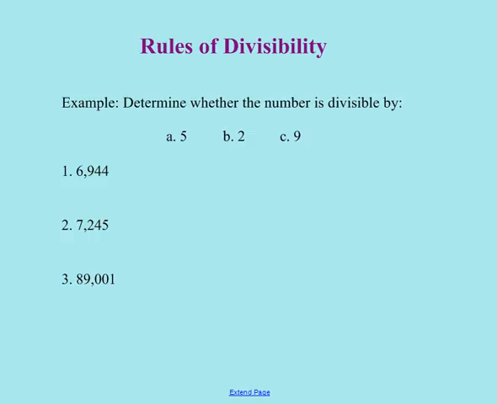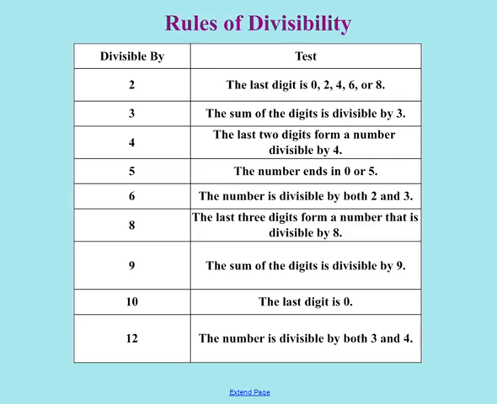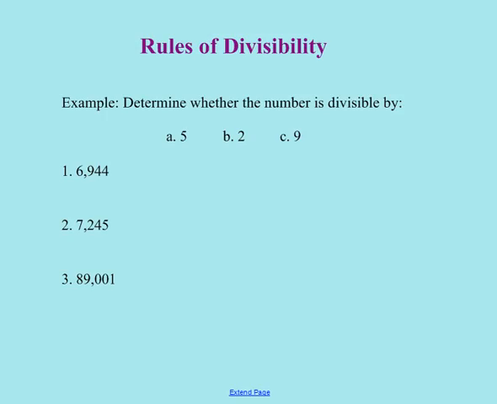If you remember, the rule of divisibility for 5 was that the number had to end in a 0 or a 5. Of course, this number, 6,944, does not. How about divisible by 2? Yes, it is. Of course, 6,944 ends in a 4, which is an even number. Therefore, this number is divisible by 2.